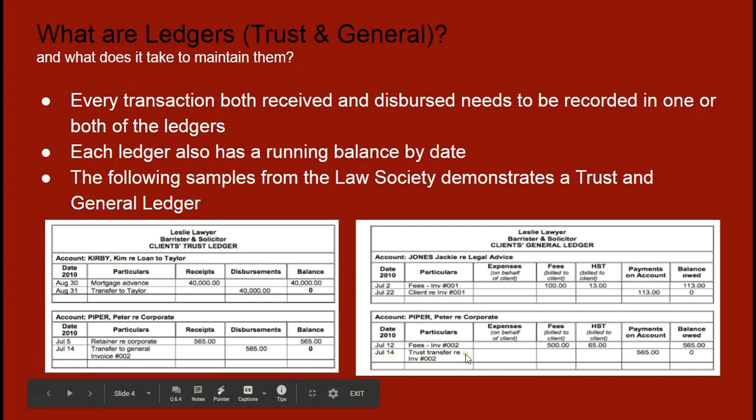Okay, so that's the whole trail, if you will, that an auditor is looking for by having a trust and general ledger side by side, which pretty much tells you the story that, for a client, Peter Piper, this was how the finances came in and left both your trust and general account.